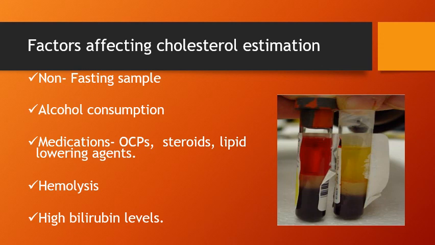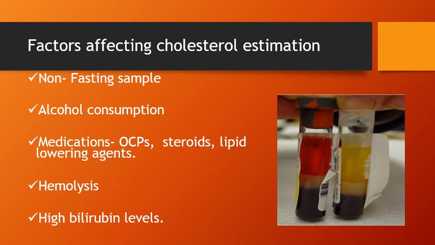We should be sure whether the patient is in fasting status or non-fasting status, because if he is non-fasting, which is a random sample, there may be increased level of total cholesterol. So before collecting the sample, we should note down whether it is a fasting sample or random sample.